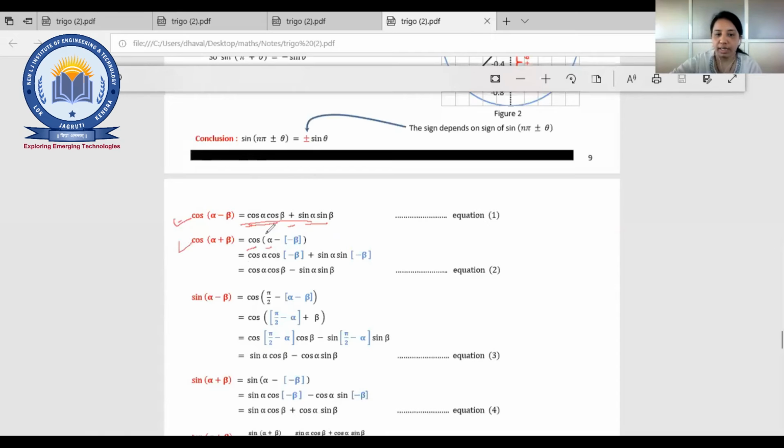Now again you can write the same one, cos alpha cos of minus beta, sin alpha sin of minus beta. We have already seen what happens when cos minus beta is there. The answer is cos beta. And when the angle of sine is negative, you get a minus sign. That means sine of minus theta is minus sine theta.